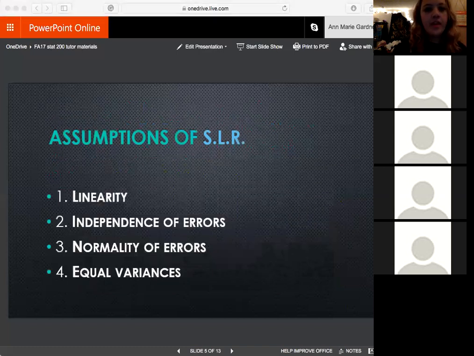Okay, so these are the assumptions of simple linear regression that we make when we first start working with it. When we are talking about simple linear regression, these are the 4 different things that we assume are true.